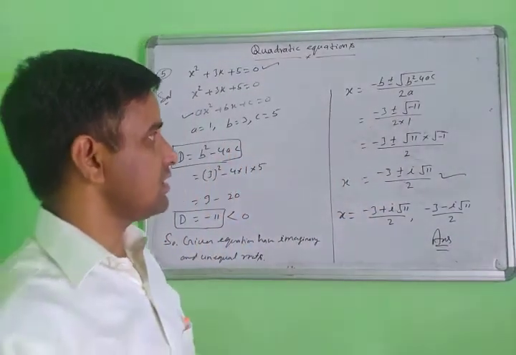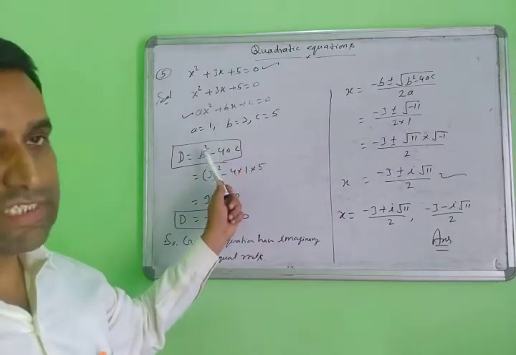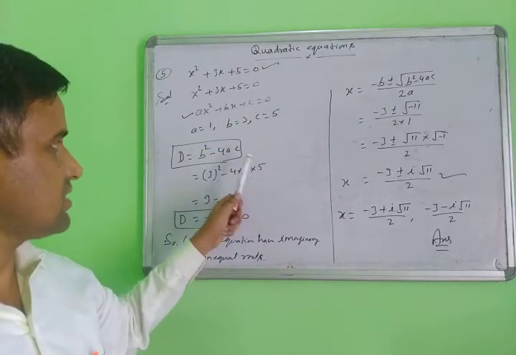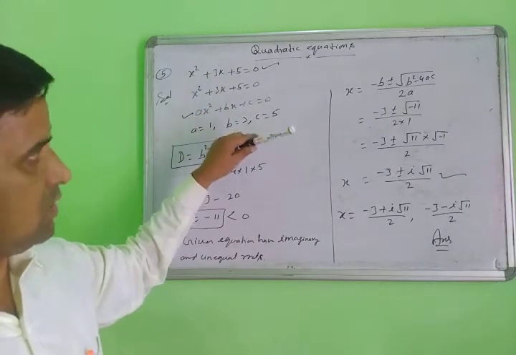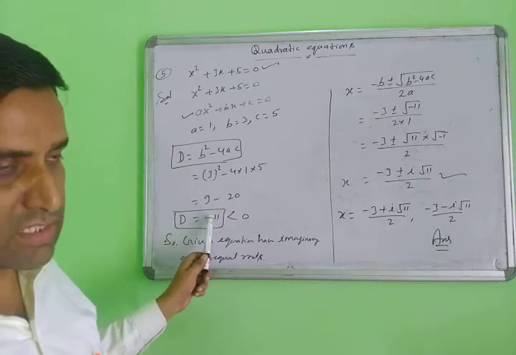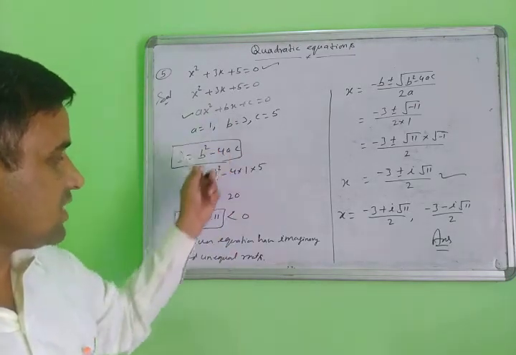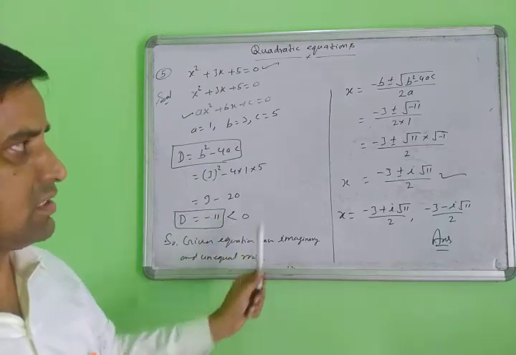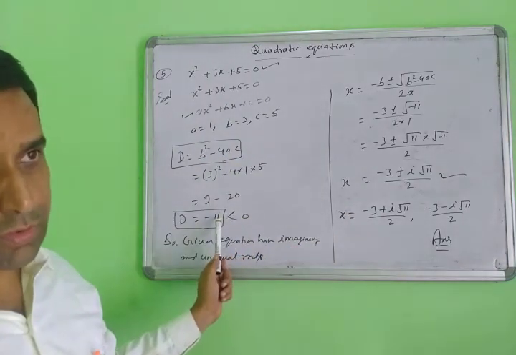Very simple things here. You have learned this idea. First, in every question you will check whether the given equation has a real root or an imaginary root. We check the value of the discriminant: less than 0, greater than 0, or equal to 0.